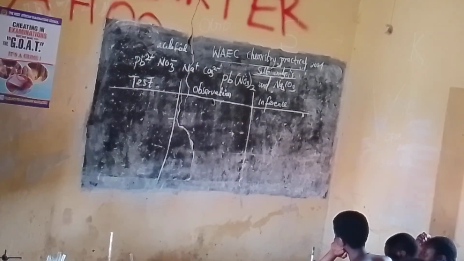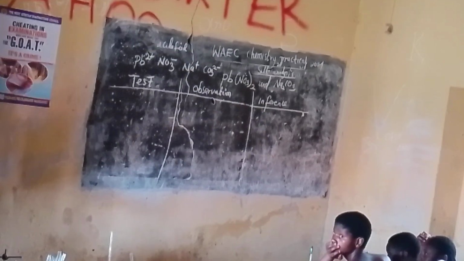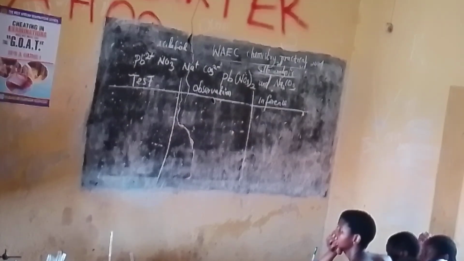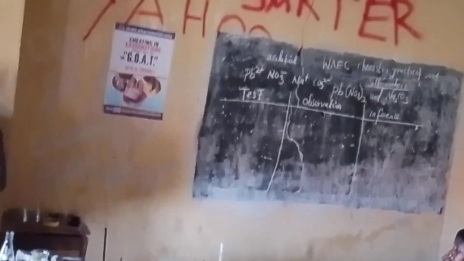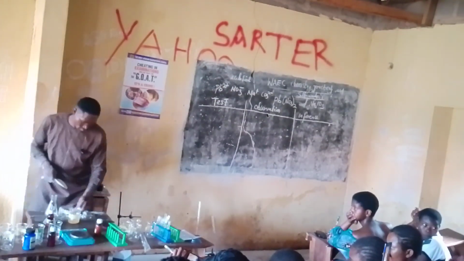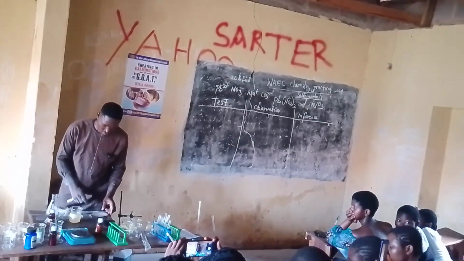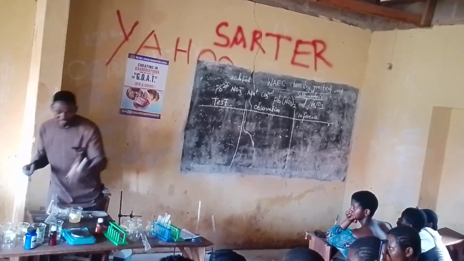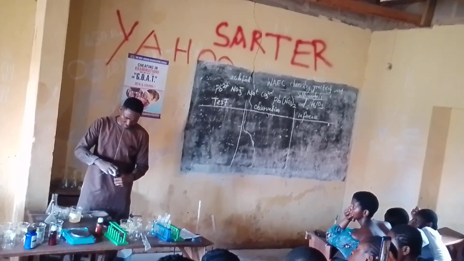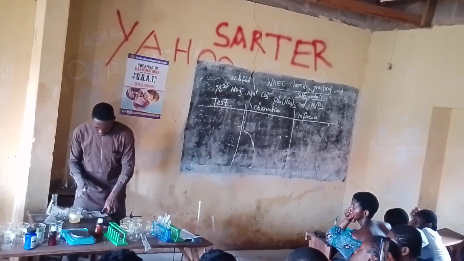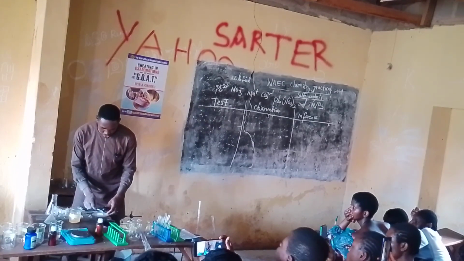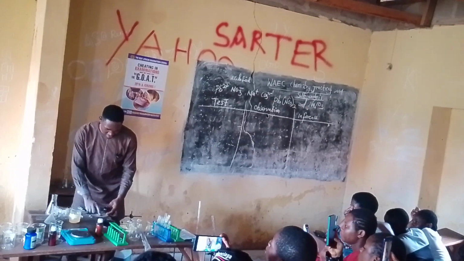So we are expected to mix together lead nitrate, Pb(NO3)2. It looks like your sodium chloride, in crystal form.